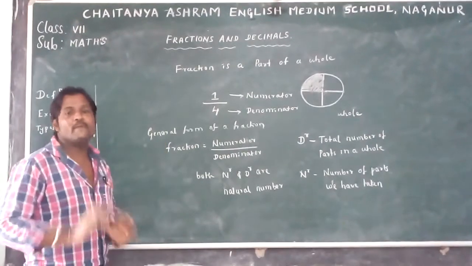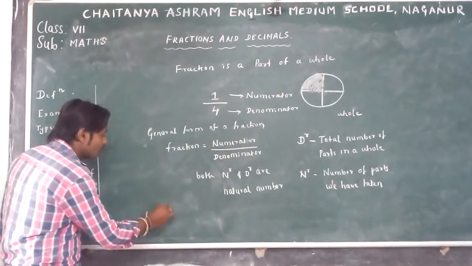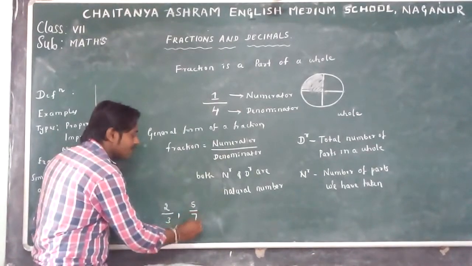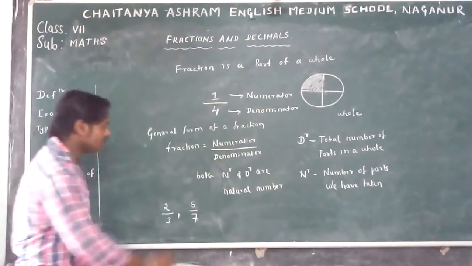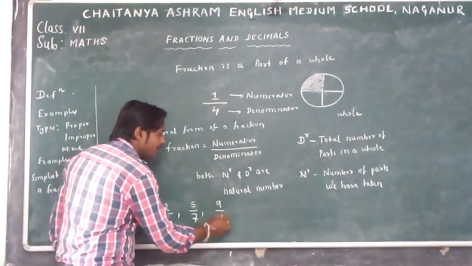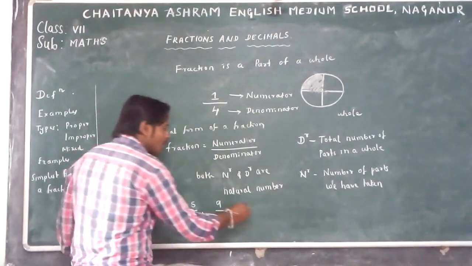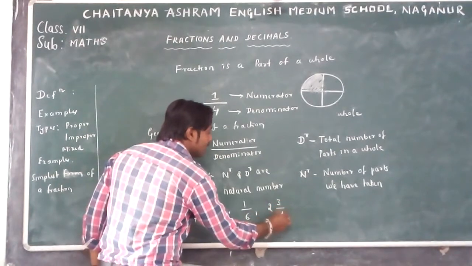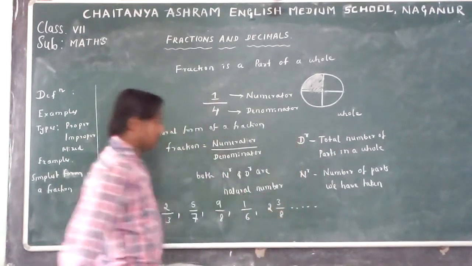Understood? So the examples of fractions are 2 by 3, 5 by 7, 9 by 8, 1 by 6, 3 by 8, and so on.